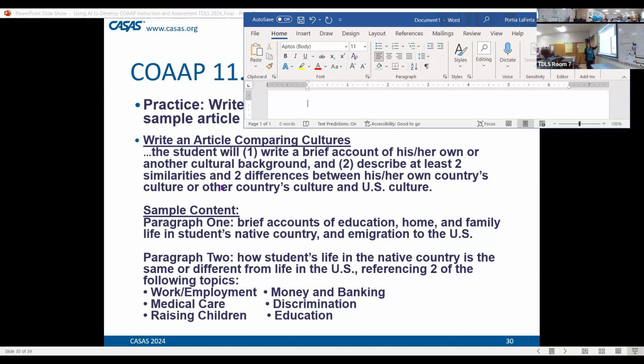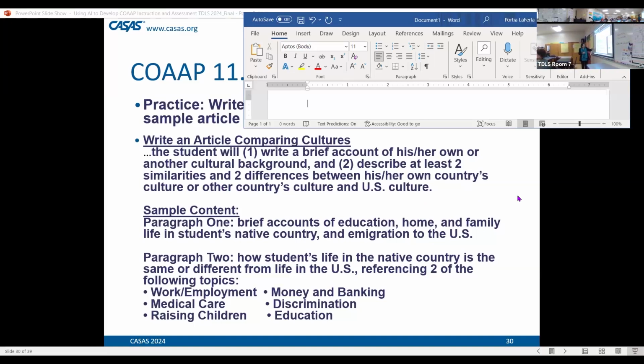The student will write a brief account of his or her own or another cultural background. Number one, describe at least 2 similarities and 2 differences between his or her own country's culture or other country's culture and US culture. So the sample content, paragraph 1 is a brief account of education, home, and family life in the student's native country and immigration to the US.